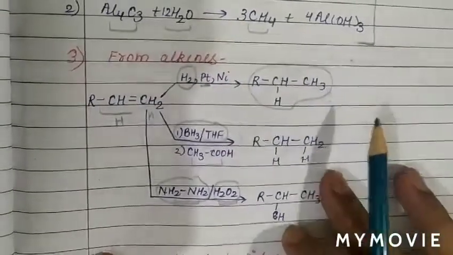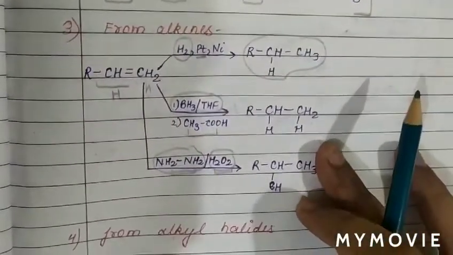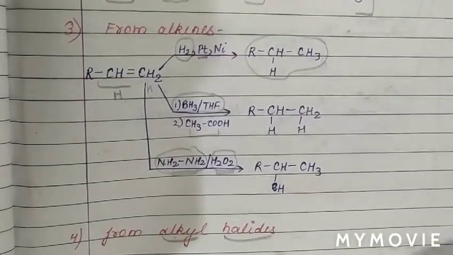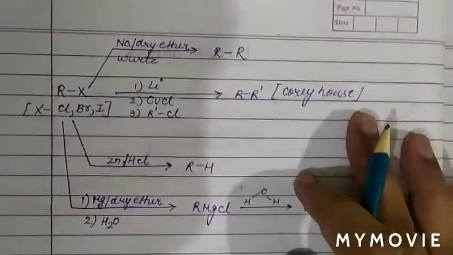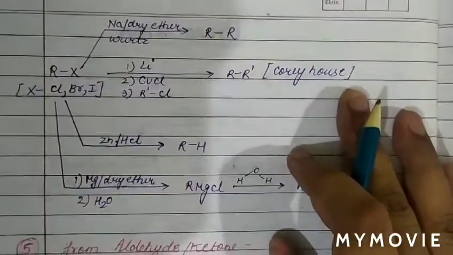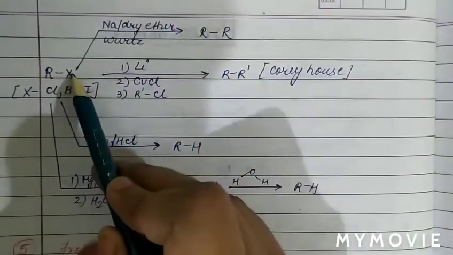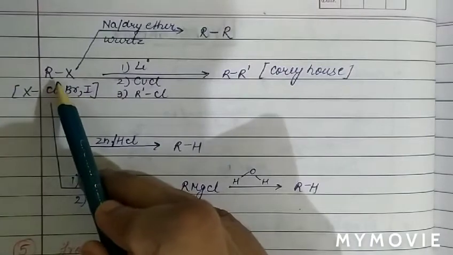Now we will discuss the preparation of alkane from alkyl halide. Now see, as we can see, this is alkyl halide. R is alkyl group.